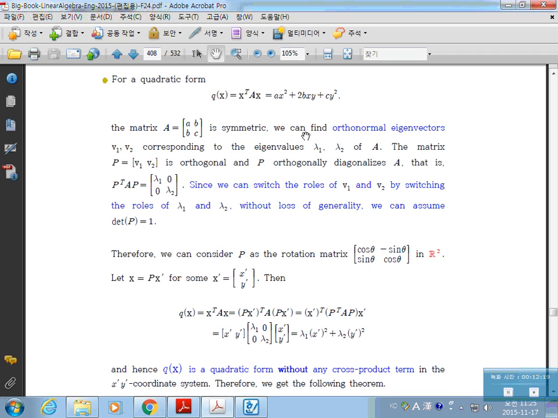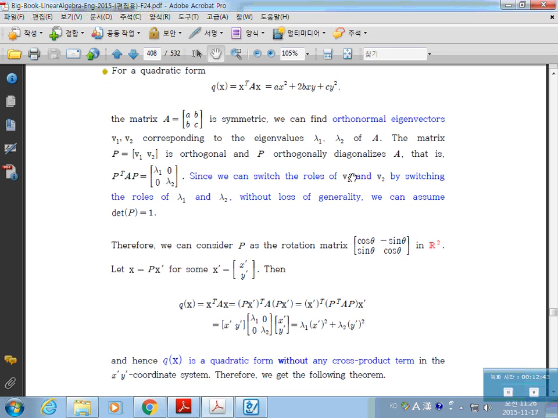We can also find normal eigenvectors V1 and V2 for this symmetric matrix, corresponding to the eigenvalues lambda 1 and lambda 2. Then the matrix P is an orthogonal matrix, and P orthogonally diagonalizes A. That means P transpose AP is a diagonal matrix whose diagonal entries are the eigenvalues lambda 1, lambda 2.